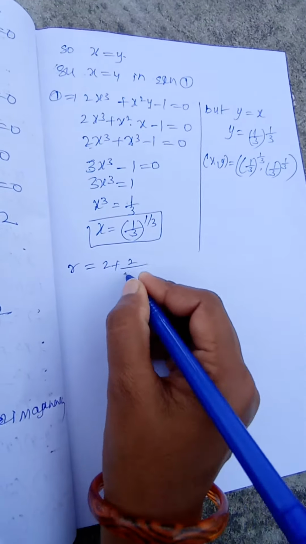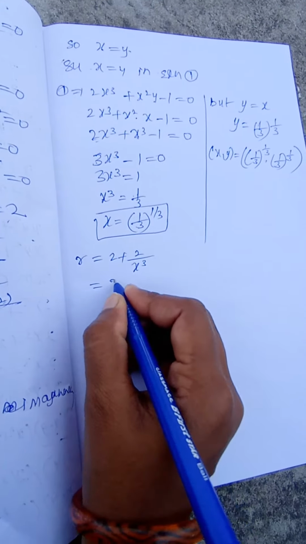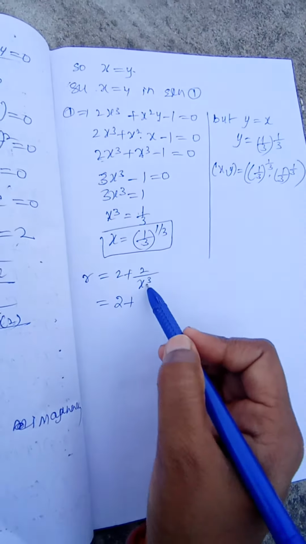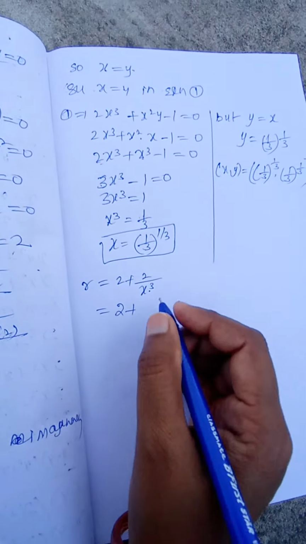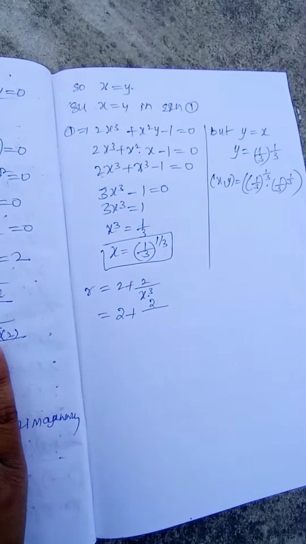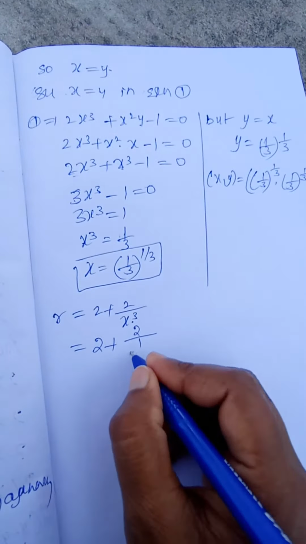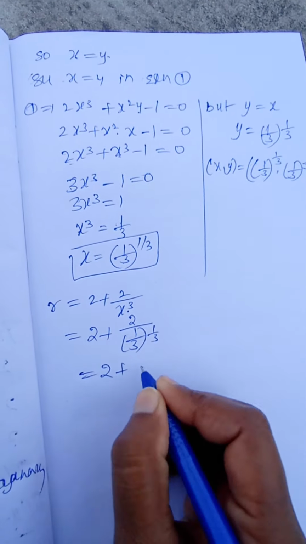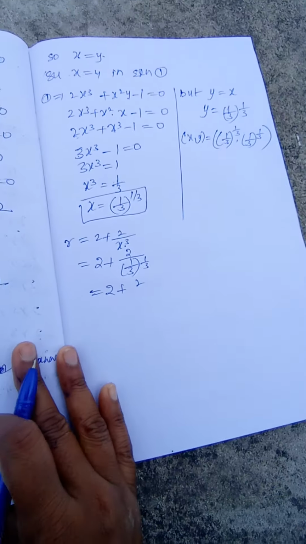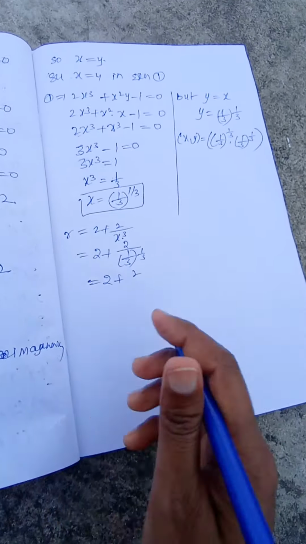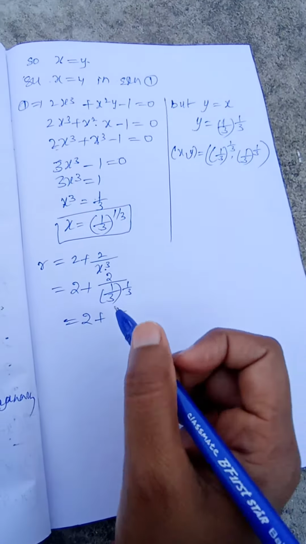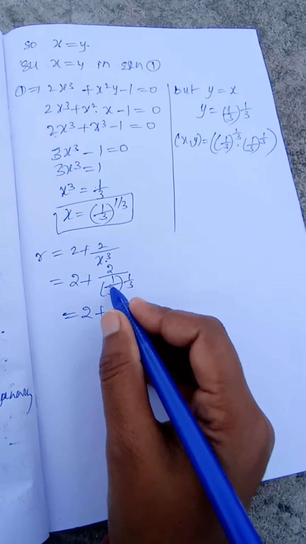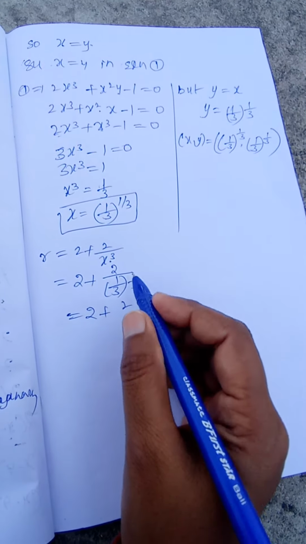2 plus 2 by x cube. So substitute here x is (1/3)^(1/3). (1/3)^(1/3) cube plus 2 plus 2. Okay, this is (1/3)^(1/3).